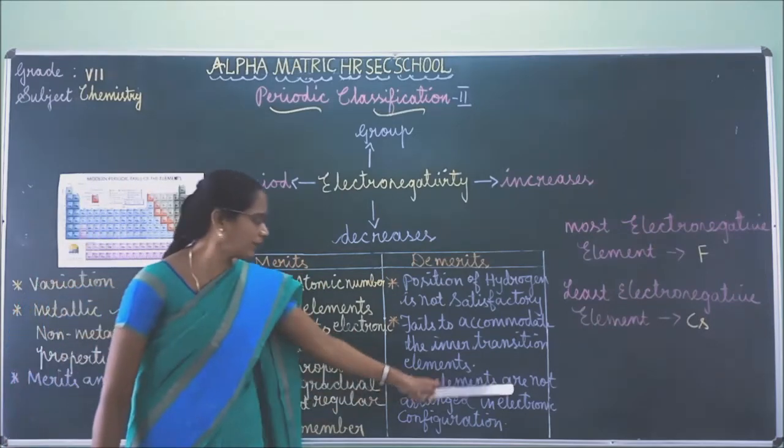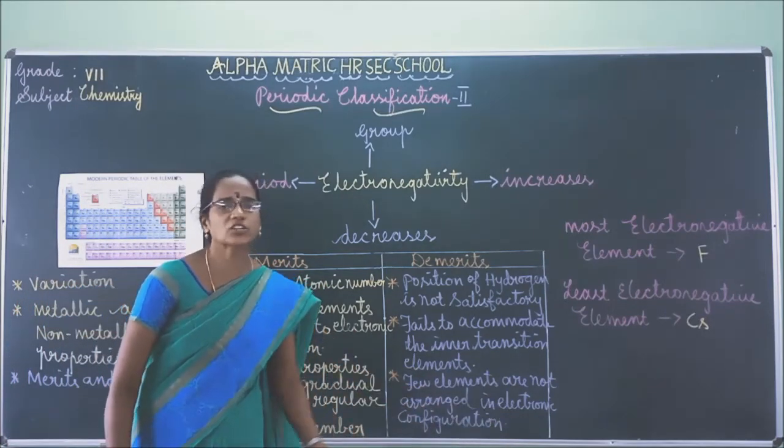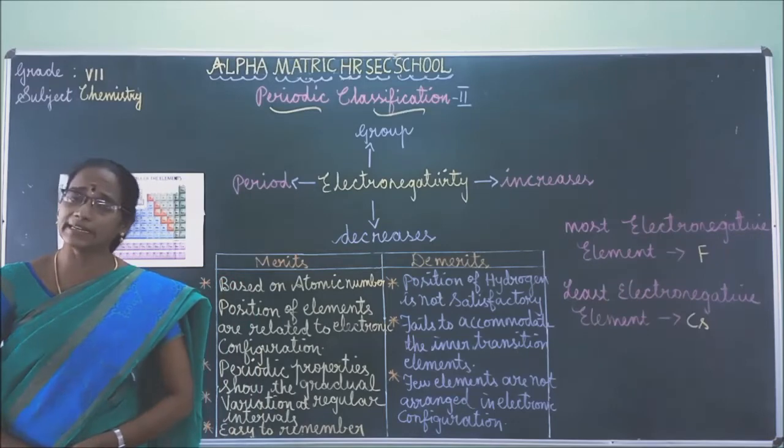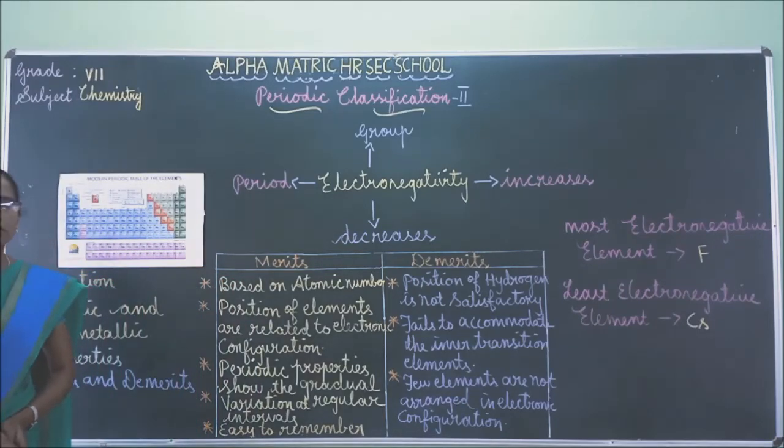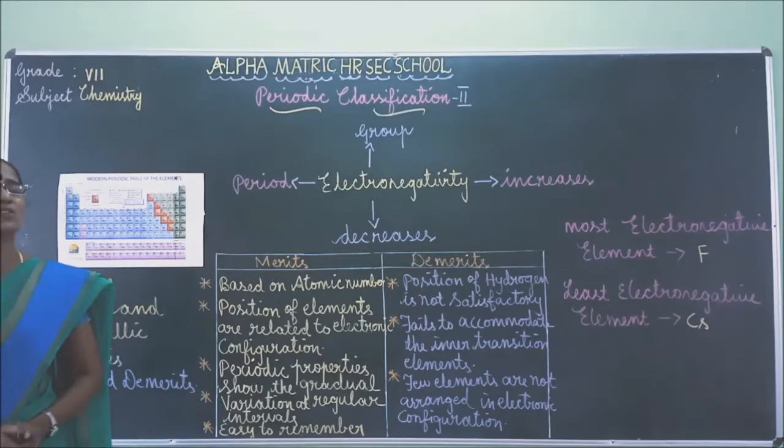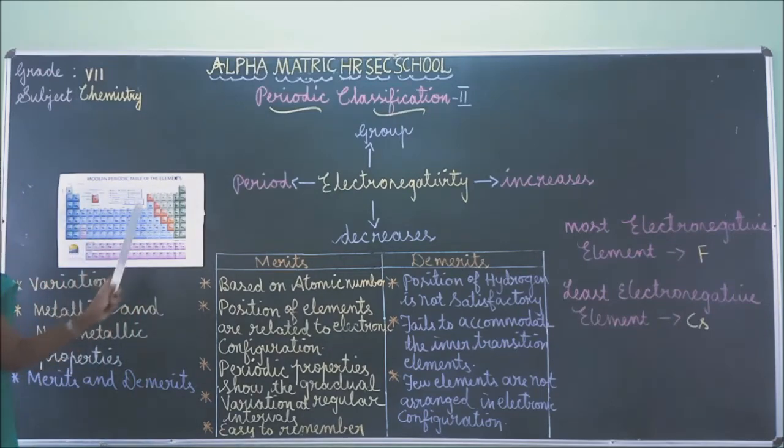Next, few elements are not arranged in electronic configuration. 118 elements are present in the periodic table, but the majority are arranged based on their electronic configuration, and only a few elements are not. So this is one of the demerits.